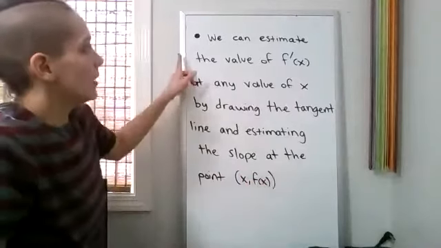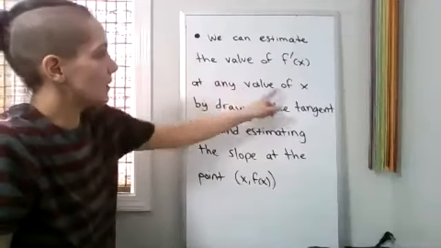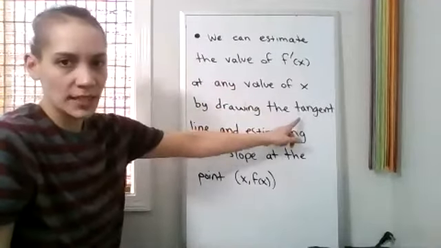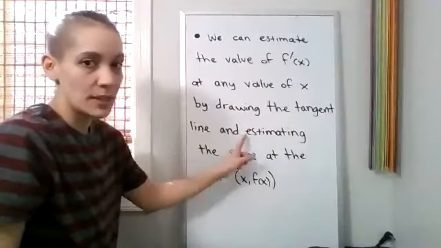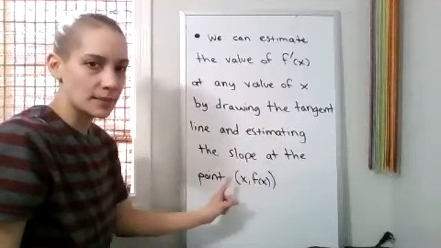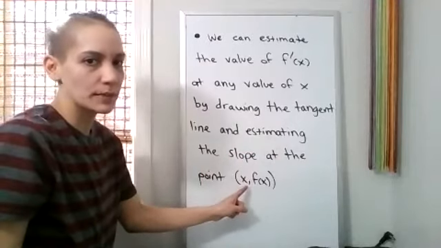We'll practice in a minute. You just draw a little line and estimate what the slope would be right there at that value of x, or right there at that point.